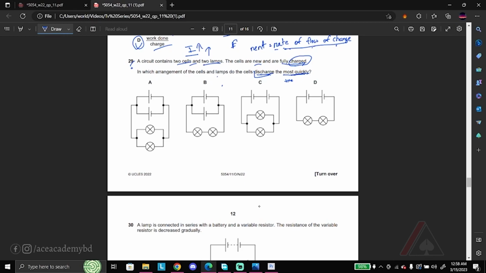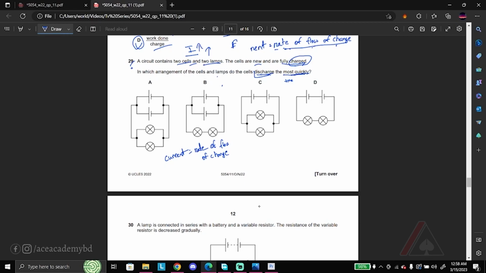If you recall the definition of current, it is the rate of flow of charge. So essentially, we have to find the arrangement of cells where the current is at its maximum value.